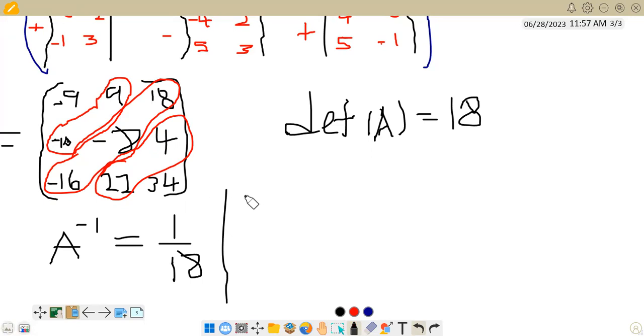For example, here we have negative 9, so it will remain negative 9. To make it simpler, we write the diagonal as it is, because the diagonal will not change, so it will be negative 9 here, and the diagonal we are talking about is this one.